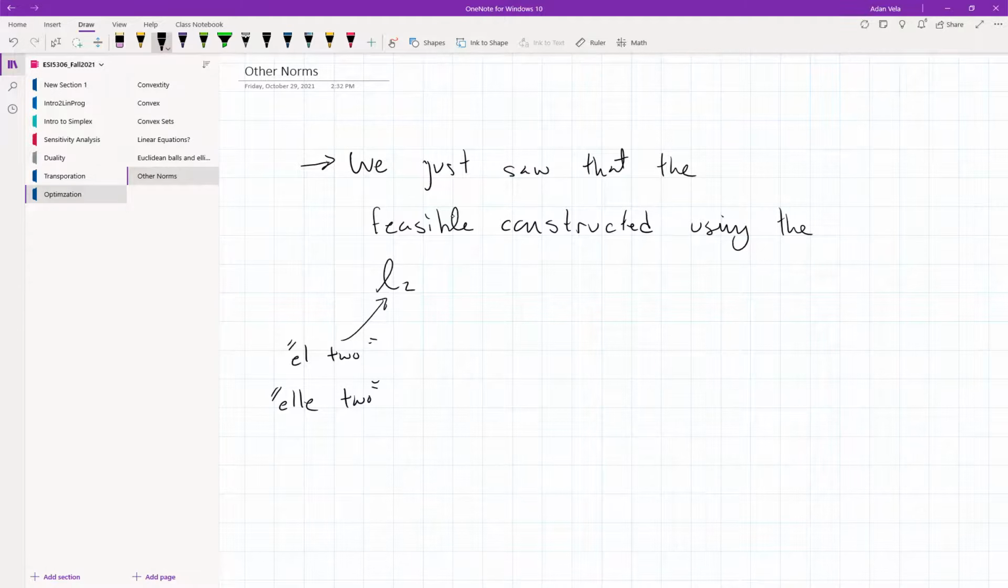So we just saw that if our feasible space is constructed using the L2 norm and it's less than or equal to, it can be used to define a convex set.